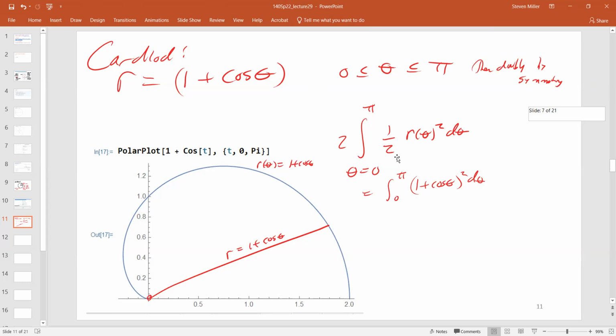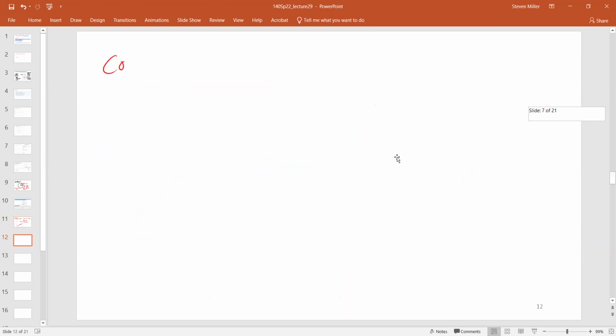So cosine of 2 theta is cosine squared theta minus sine squared theta. So this is the same as cosine squared theta minus (1 minus cosine squared theta).